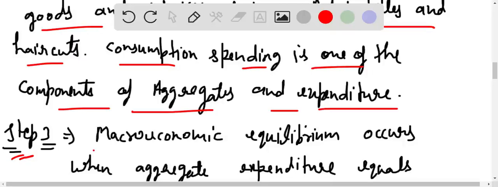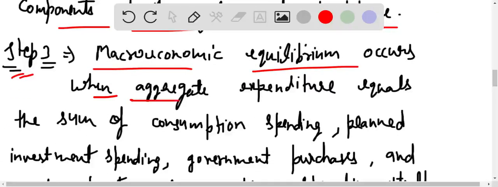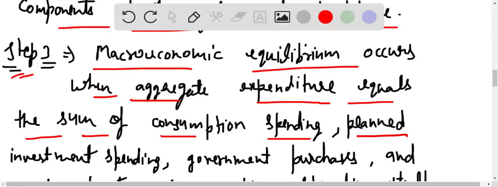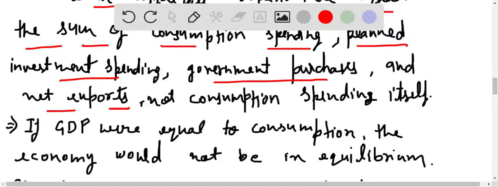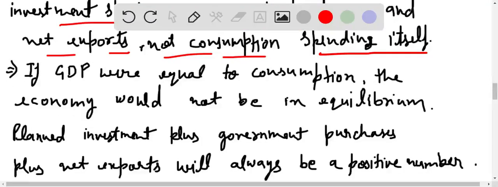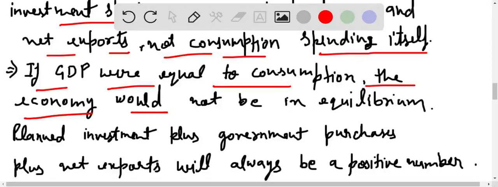For step 3, macroeconomic equilibrium occurs when aggregate expenditure equals the sum of consumption spending, plant investment spending, government purchases, and net exports, not consumption spending itself. If GDP were equal to consumption, the economy would not be in equilibrium.